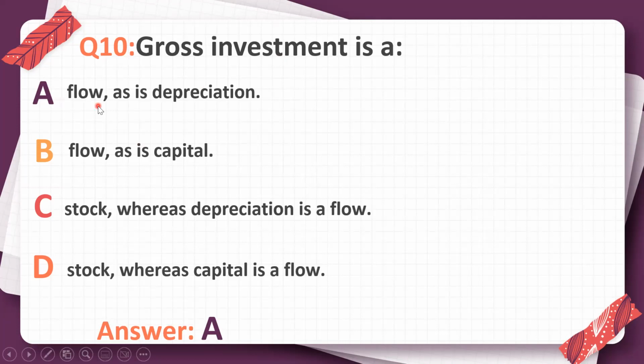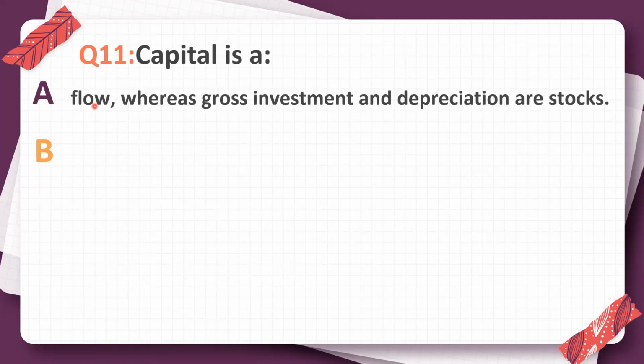So investment is a flow تدفق. بينما الكابيتال is a stock. Gross investment is a flow because we have depreciation or as is depreciation. So gross investment is a flow as is depreciation. While capital is a stock.